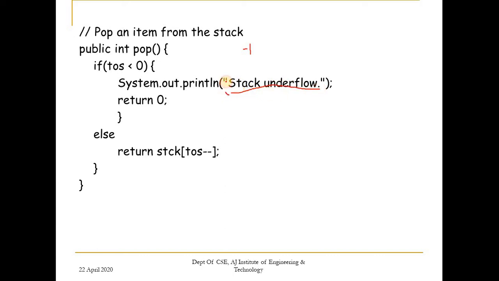If top of stack is -1 or less than 0, we will display stack underflow and we will return 0. Else what we will do? Return the top element of the stack, and it is post decrement here. Once you pop the top element, after that you are supposed to decrement the top of stack, right?